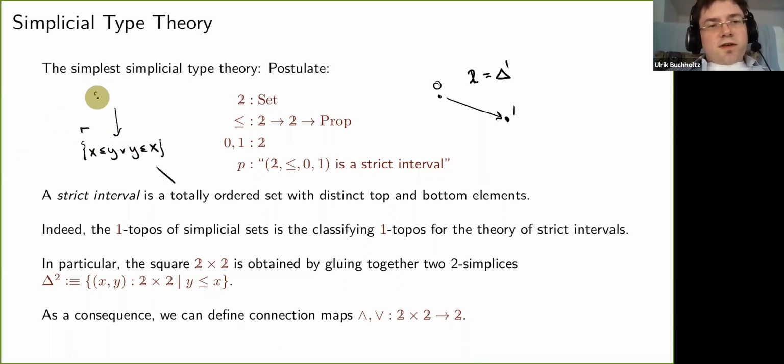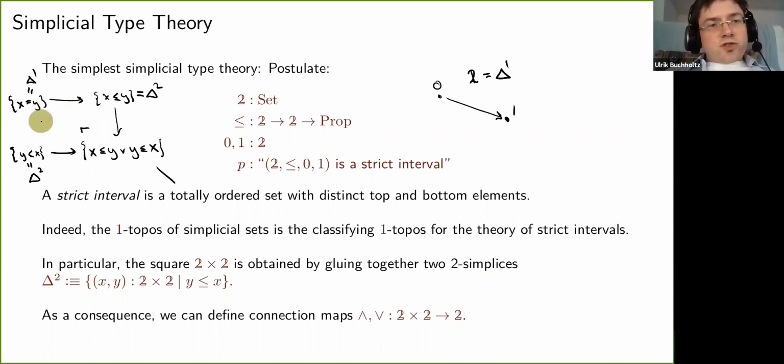So you have the subset of the square where x is less than or equal to y. That's the same as a 2 simplex. And here you have the subset where y is less than or equal to x. That's another 2 simplex, the lower one and the upper one. And then here you have the subset where x is equal to y. Well, that's just the delta 1.